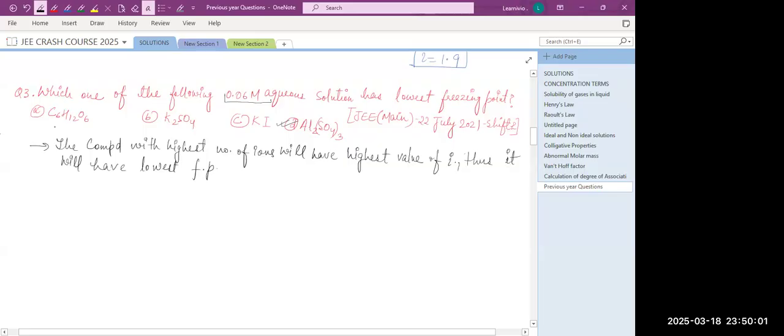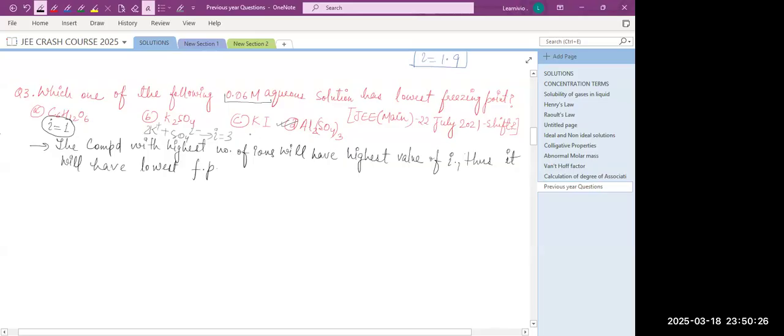How will you calculate? For glucose, it's a non-electrolyte, so it will not dissociate. So what will be the value of i? It will be equal to 1, right? For K2SO4, it gives 2K+ and SO4 2-. So how many ions are there? 2 plus 1, 3. So i value is 3, right?